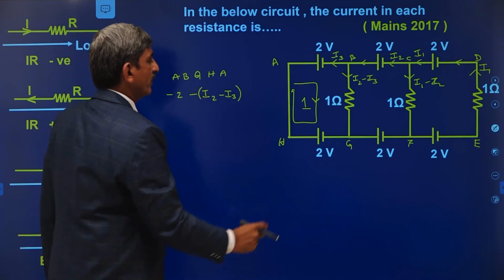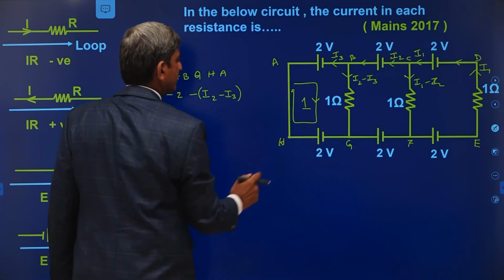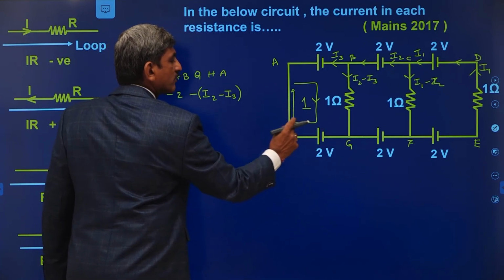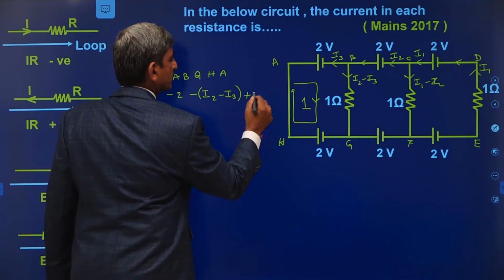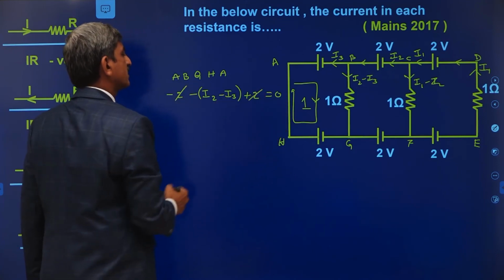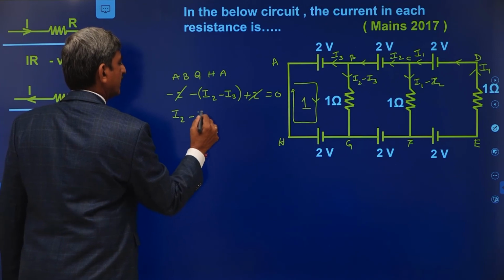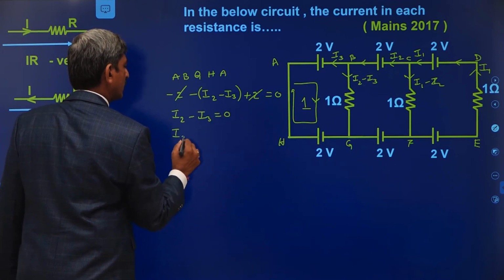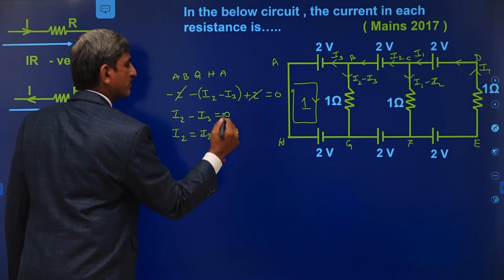And when we are moving from G to H, the direction of the loop is from the negative terminal to the positive terminal of the cell, so this is plus 2, equal to 0. This plus 2 and minus 2 cancel, and we have I2 minus I3 is equal to 0. From this we have I2 is equal to I3. Let it be equation number 1.